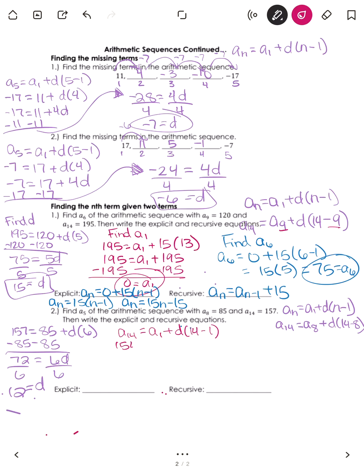So I have 157 equals A sub 1 plus 12 times 13. 12 times 13 is 156. Oh, I'm changing numbers, I'm sorry. These should be 157. There we go. Subtract 156 from both sides. A sub 1 equals 1.